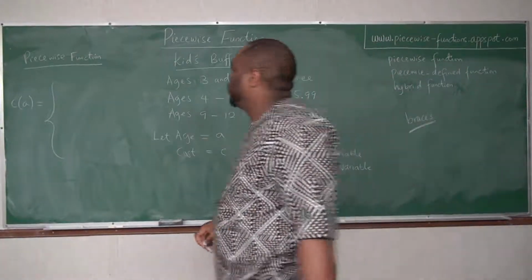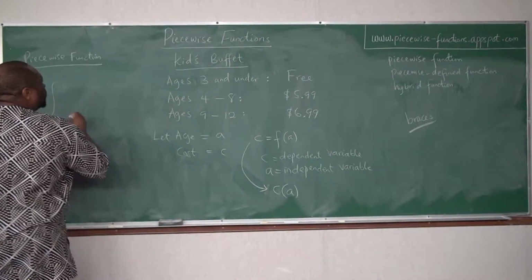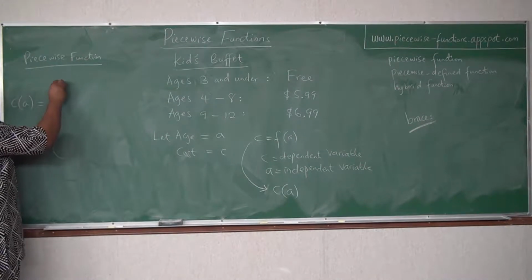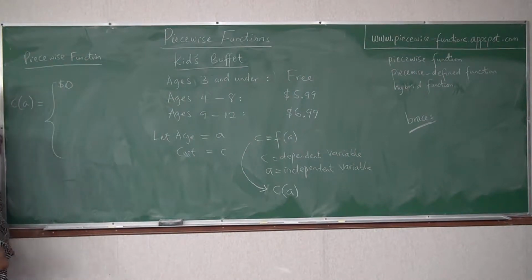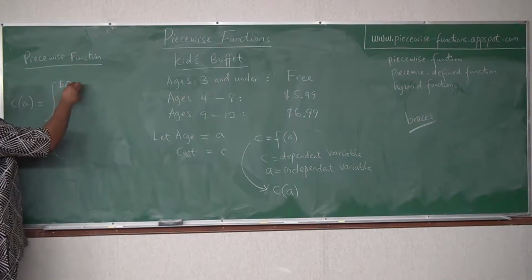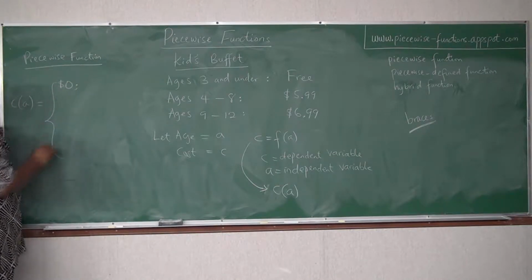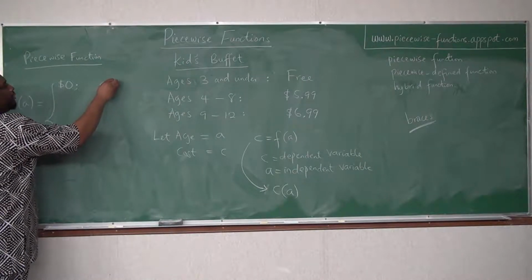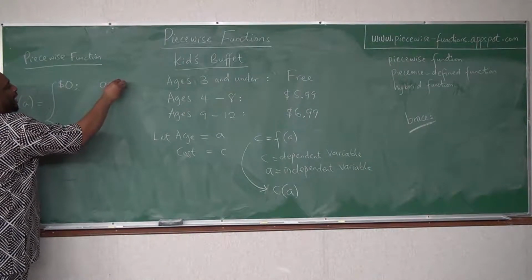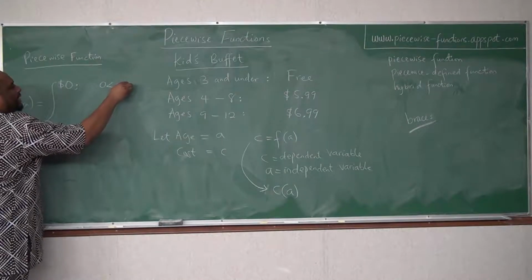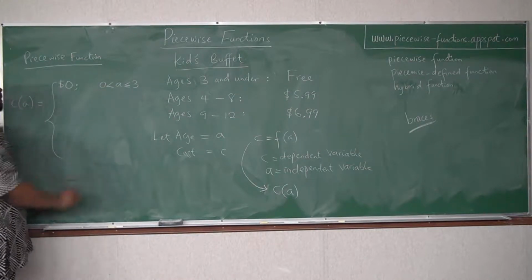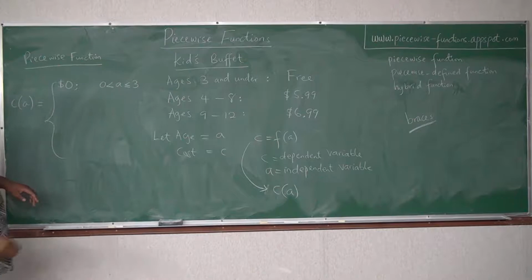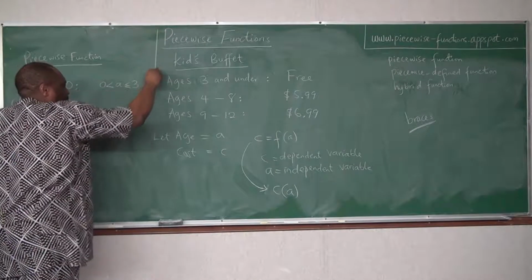It's on your keyboard. So we write that this is $0, and we can put a semicolon here for 0 less than age less than or equal to 3. Now, folks, look at what I wrote.